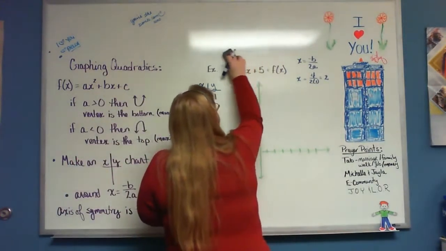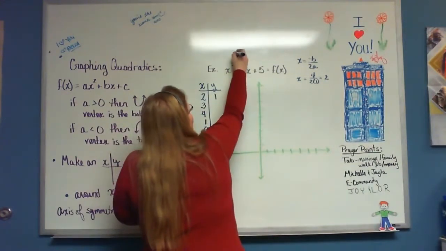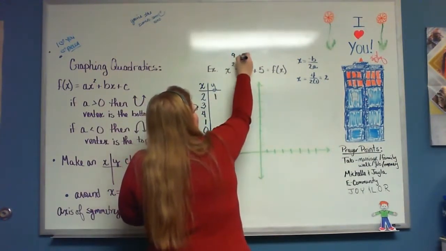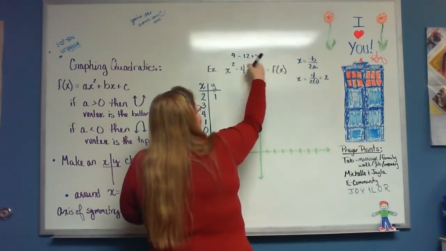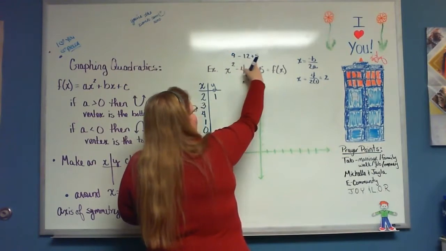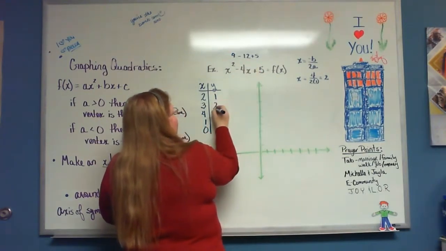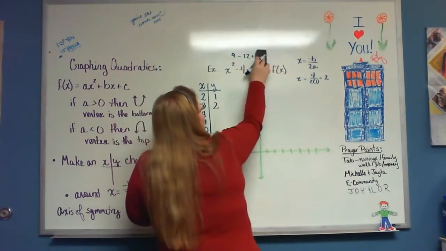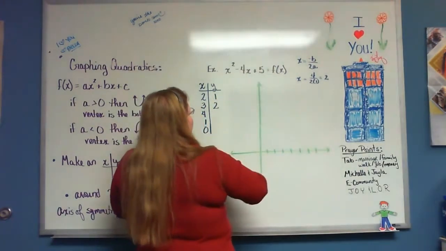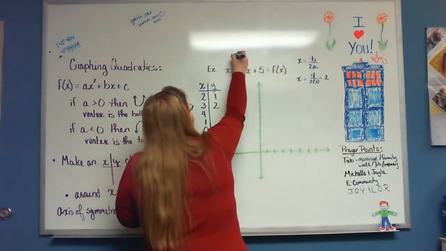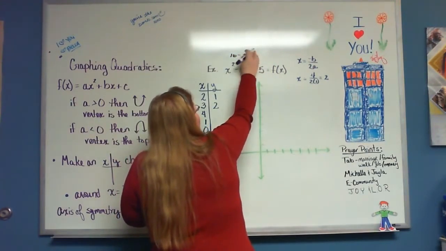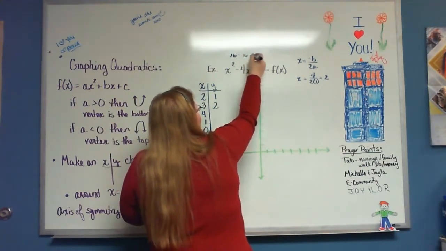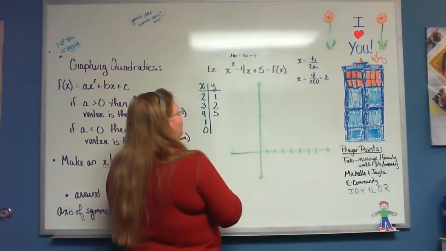Now let's do it for 3. 3 squared is 9, minus 4 times 3 is 12, plus 5. 9 minus 12 is negative 3, plus 5 is a positive 2. Okay. Now let's do it for 4. 4 squared is 16, minus 4 times 4 is 8. Oh, sorry, 4 times 4 is 16 too. Plus 5 gives me 5.